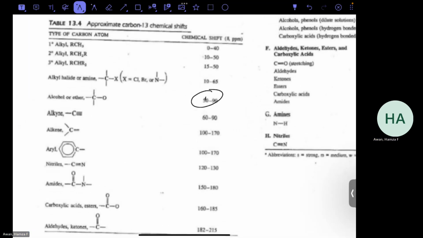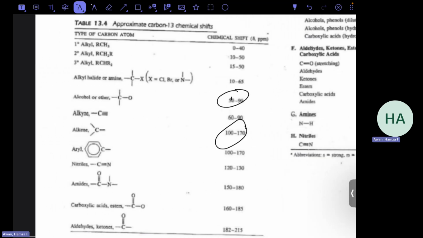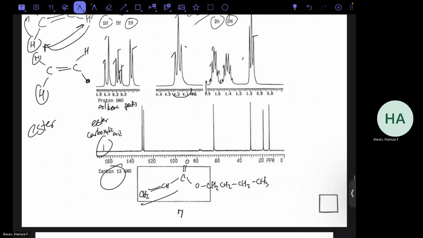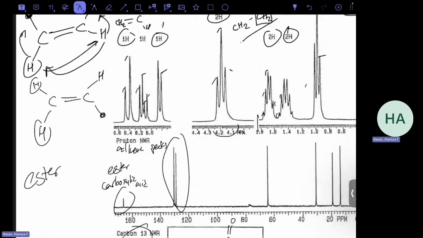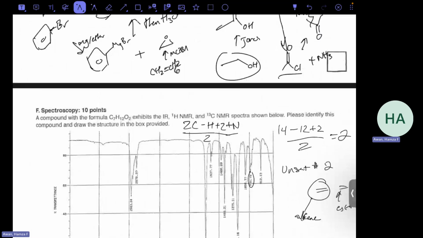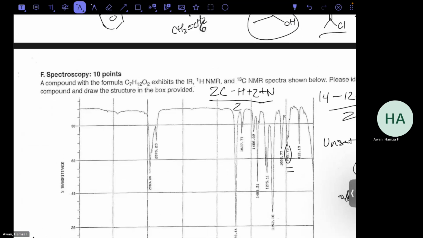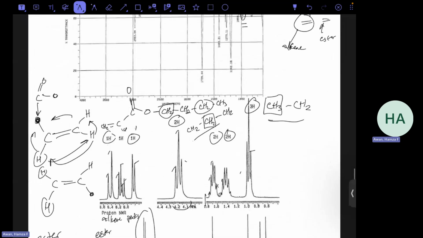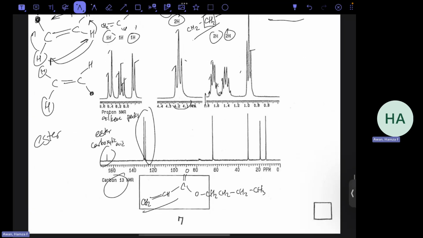So alkene, okay, 100 to 170. It's kind of a big range. But if we look, yeah, we have two carbon peaks there, which means we have two carbons part of the alkene. It doesn't really tell us that it's terminal, except that we have this fingerprint region that tells us it's terminal. But otherwise, yeah, it seems that everything checks out here.